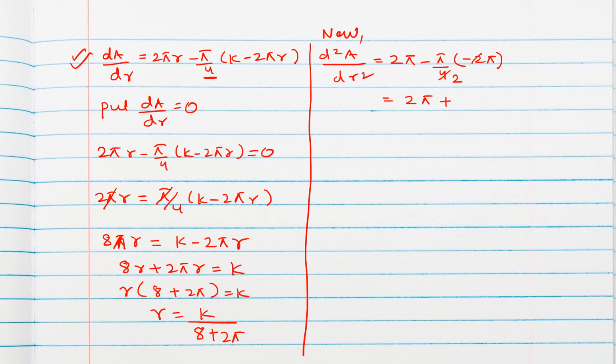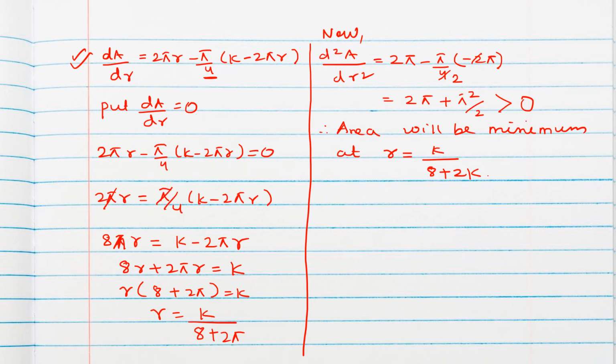So 2 pi plus pi square by 2. So this is irrespective of r, a constant value and positive value. So we can write it is positive. Therefore, area will be minimum at this value r equal to K by 8 plus 2 pi.